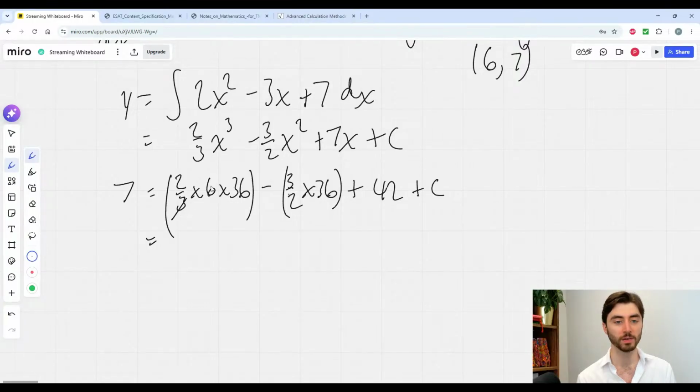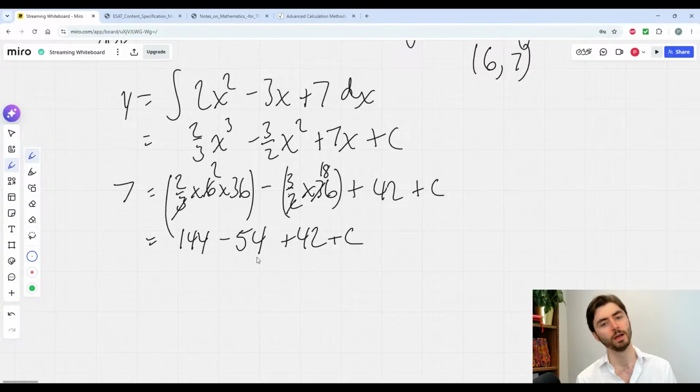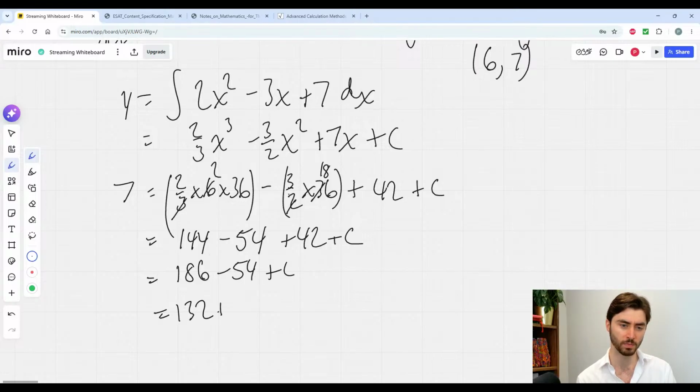It can't die soon enough, so that's going to become 2. So 72, that's going to be 144. That cancels down to make 18. Now, factor redistribution, let's take a 2 from there and put it onto there. So that's 6 times 9, which is 54. Plus 42 plus c. So that's 186 minus 54 plus c, which is 132 plus c.